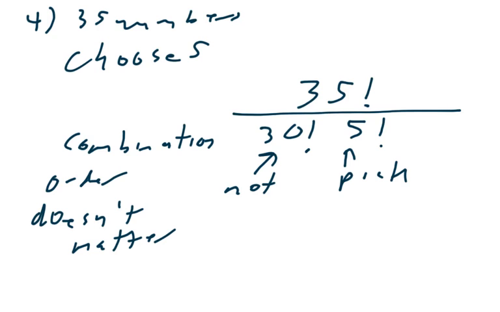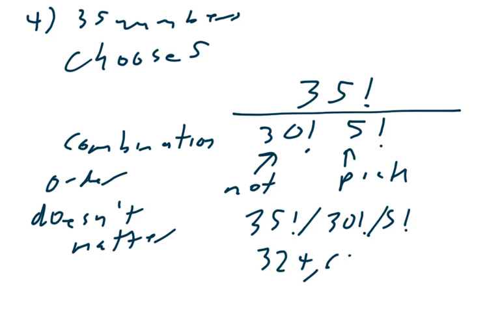So I'm going to do 35 factorial divided by 30 factorial divided by 5 factorial and get my answer. And so there are 324,632 different ways that you can win this lottery.